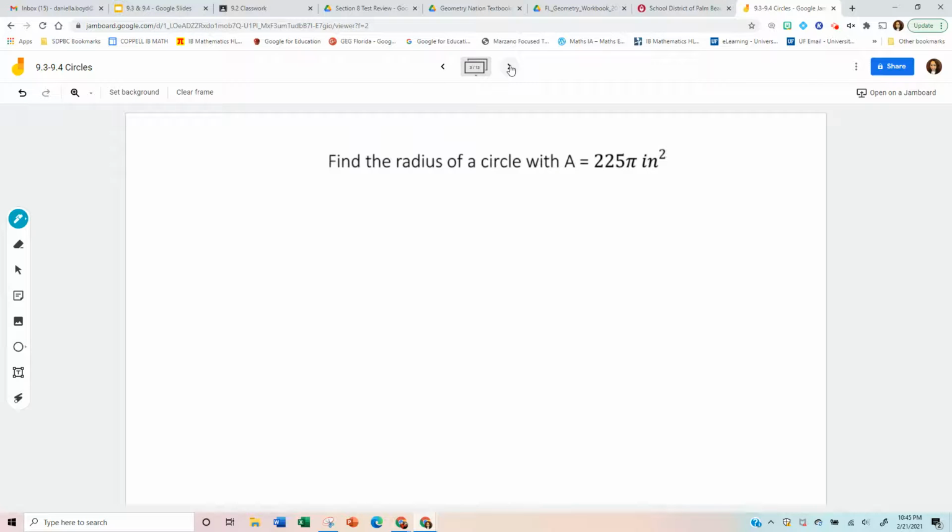Okay, let's take a look at another one. We want to figure out what the radius is of a circle, given that area is 225 pi inches squared. So this problem is a little bit different, and it looks like we're working backwards. So we know area, meaning that we know that this formula was used, pi r squared. We're looking for r, so we don't know what r is equal to. Pi is not a variable, pi is a number, so we're not solving for pi.